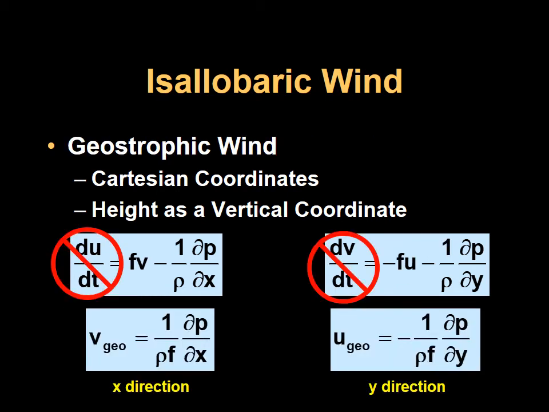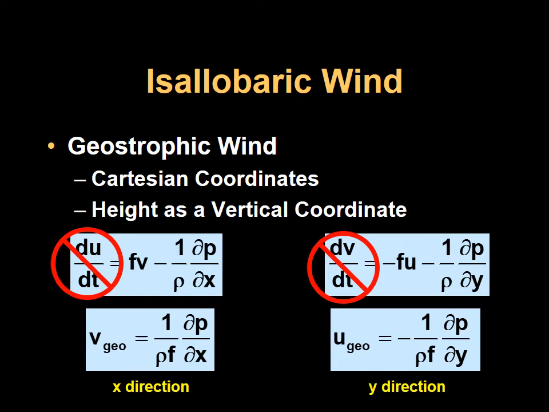So what we're going to do is take this equation and solve it for the geostrophic wind. And remember, our assumption for the geostrophic wind was that there was no acceleration. So when we throw the acceleration terms out, we're left with 0 on one side and fv minus (1/ρ) ∂p/∂x for one equation, and minus fu minus (1/ρ) ∂p/∂y in the other equation.